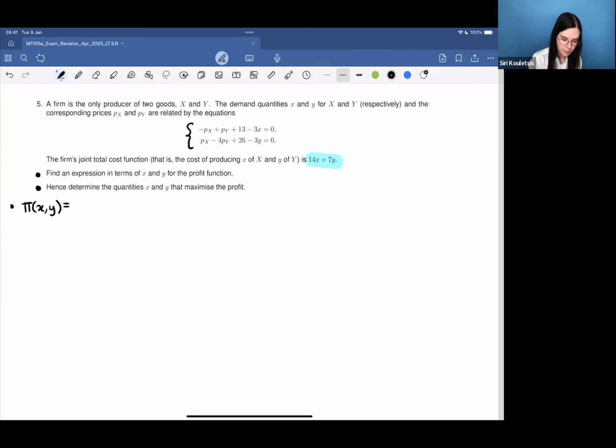And the price will be a function of X and Y in general, plus the quantity of product Y times its price, which is also a function of X and Y, and then minus the total cost. So what we need to do here as a first step is to find PX and PY in terms of X and Y. Then we can work out the profit function.